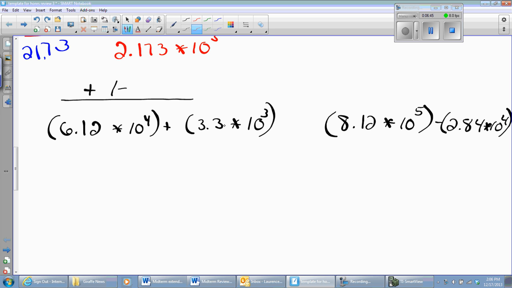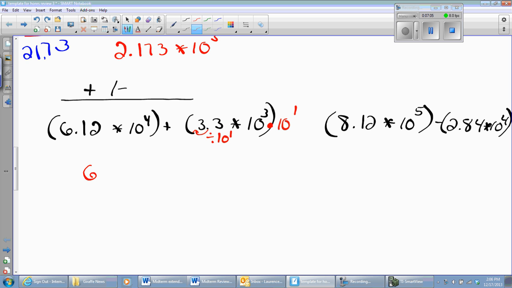I can't add these together right now because the bases don't have the same exponent. I want this one to turn into a 4. So I'm going to multiply by 10 to the first. But I've just changed the number. So I'm going to divide the coefficient, or the decimal, by 10 to the first, which causes the decimal point to move there.